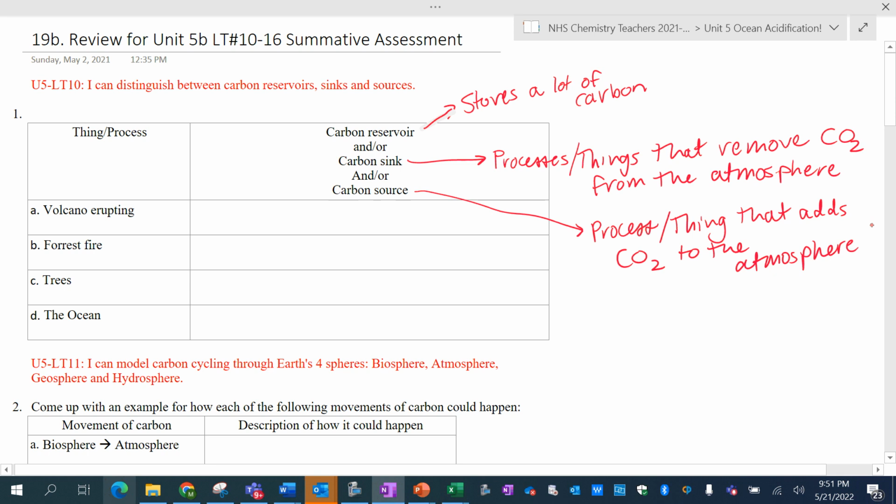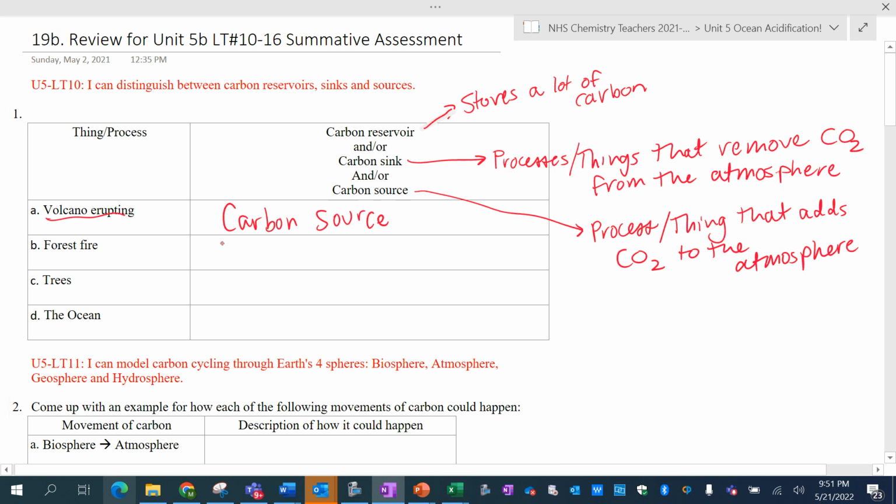So a volcano erupting, that is going from the geosphere to the atmosphere, and it's adding a lot of carbon dioxide to the atmosphere. So this would be considered a carbon source. A forest fire, oops, saw the typo here.